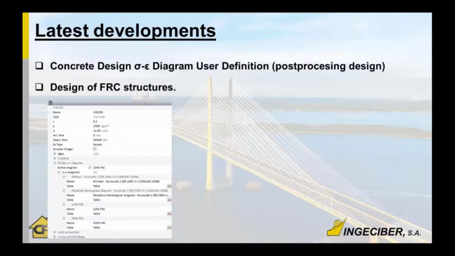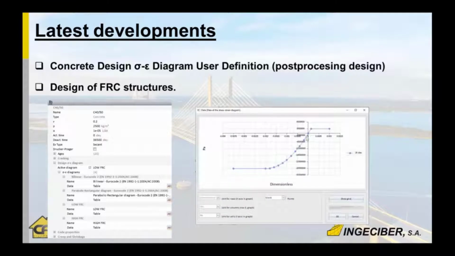The latest developments we have done for improving all this concrete analysis are at the post-processing level, at the post-processing design. Here you can see a plot from the material properties. In the material properties for the design diagram, that is the diagram used for code design and code check, to calculate reinforcement amounts and so on, we can add different stress-strain relationships. Here, for example, for this low fiber reinforced concrete, we have a parabolic-rectangular behavior for compression.